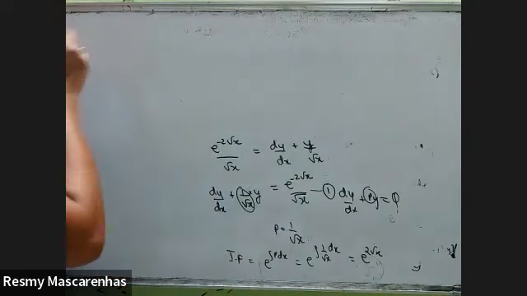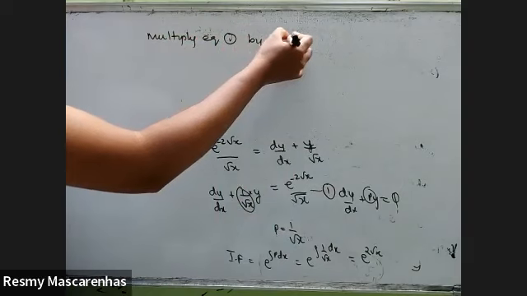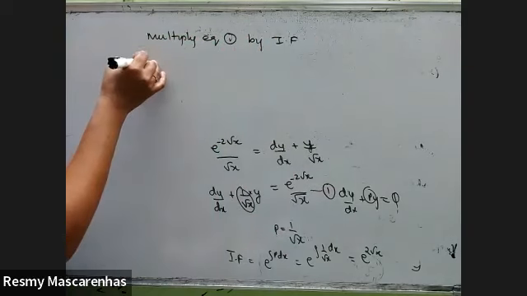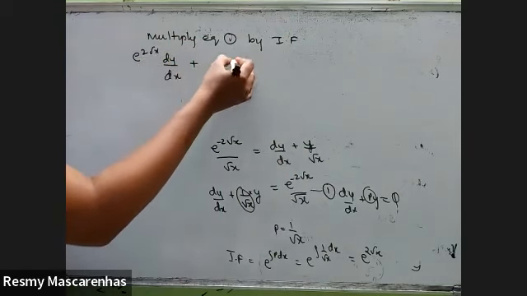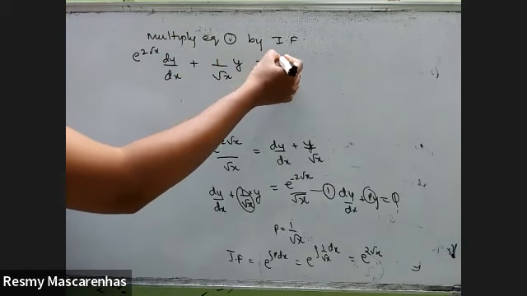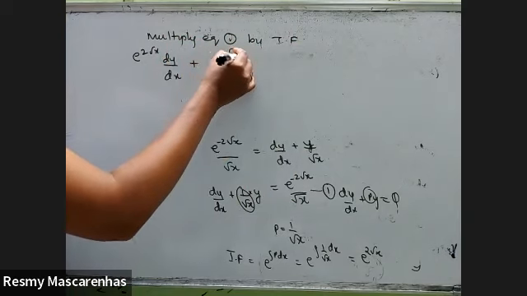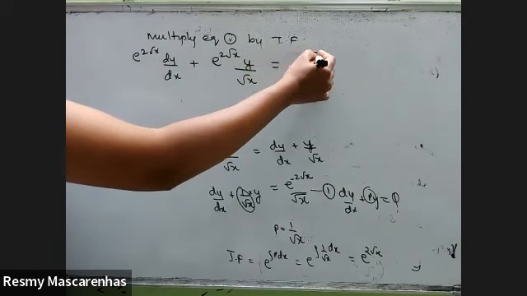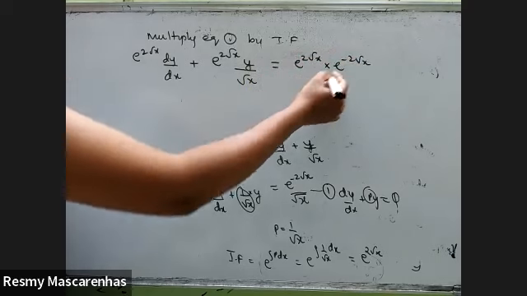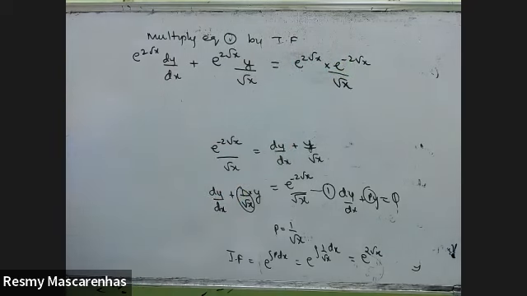To multiply equation 1 by the integrating factor, the whole thing. So this is what you will get after multiplying by the integrating factor.